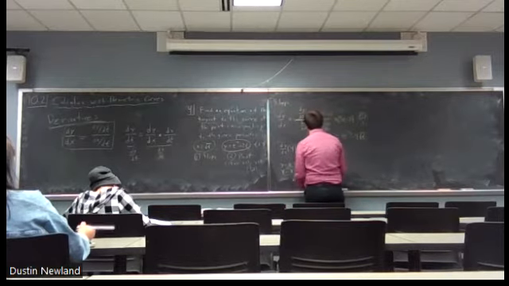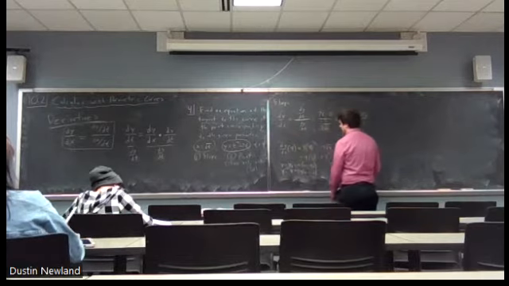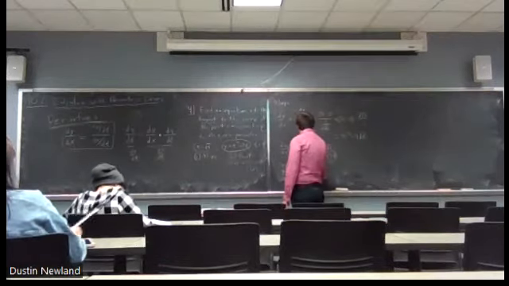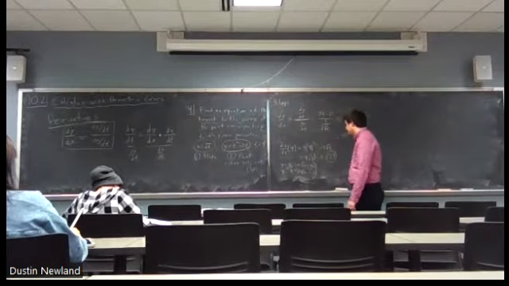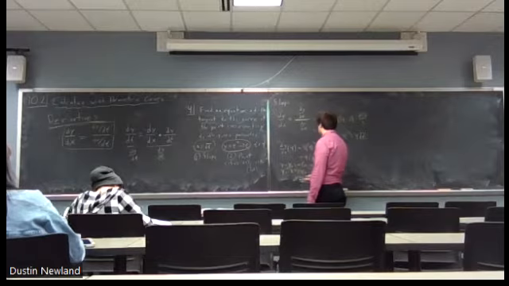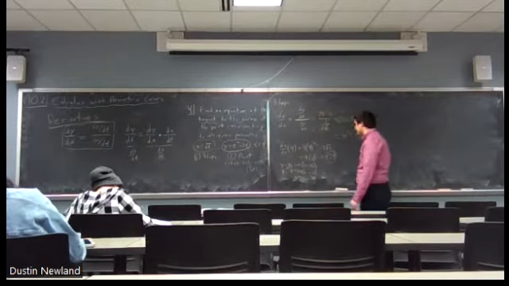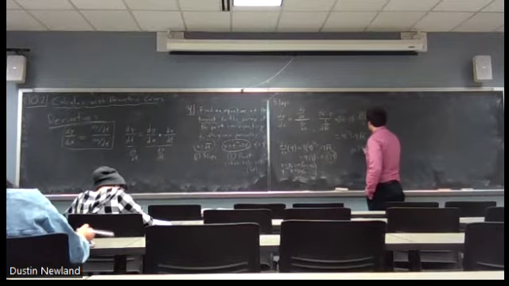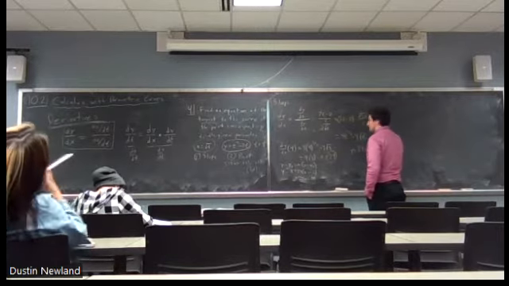Good. So I'm going to get y minus 8 equals 24x minus, what's 2 times 24? 48. Okay. And then if I add 8 to both sides, what do I get? 24x minus what? 40.